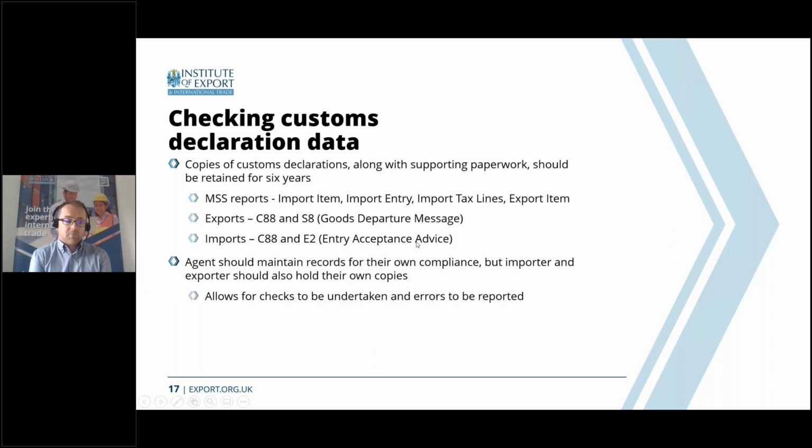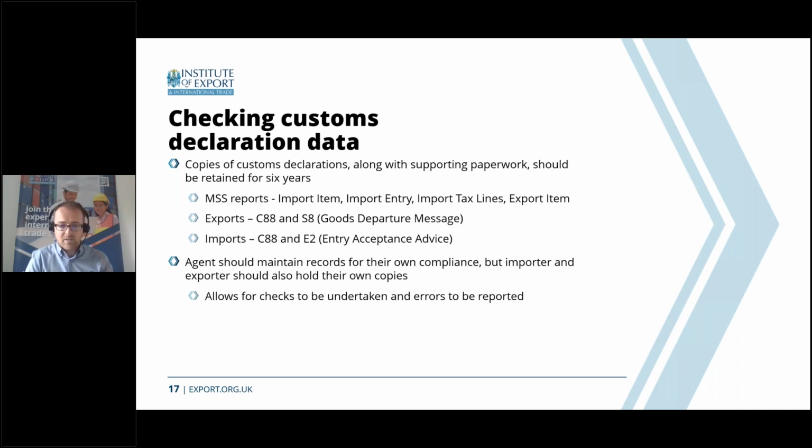Your brokers should, I expect, have their own compliance considerations. Perhaps they are AEO accredited, and so they'll have some fairly robust procedures around maintaining records themselves, but access to them might be difficult, and getting your copies as quickly as possible is paramount, because the longer it goes on after the event has taken place, perhaps it's going to be more difficult to get that access.